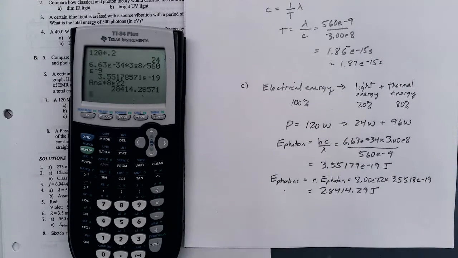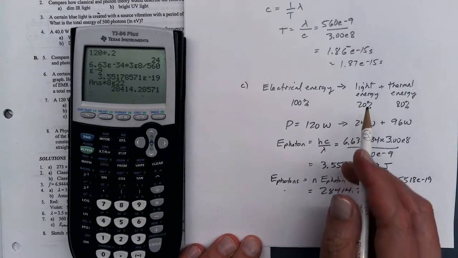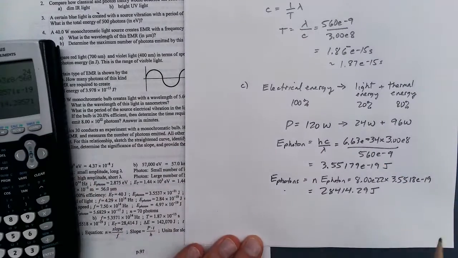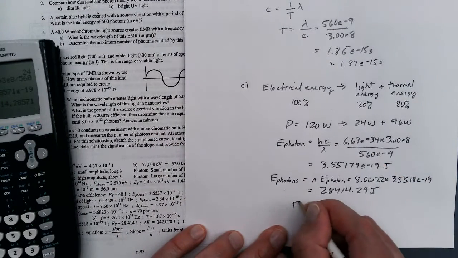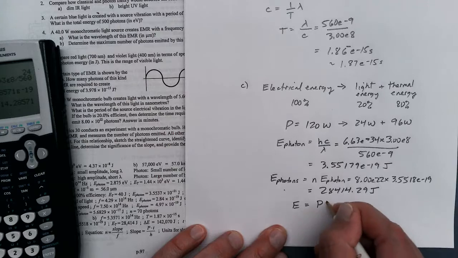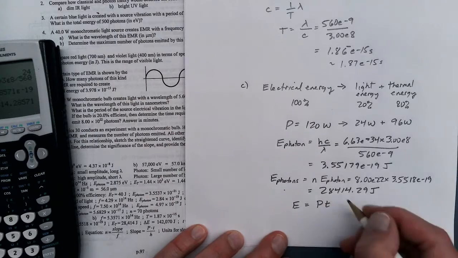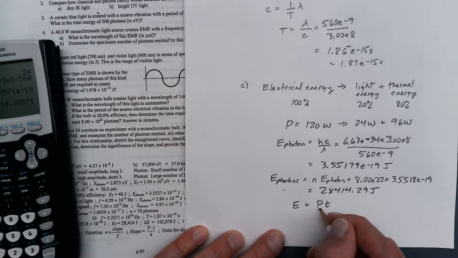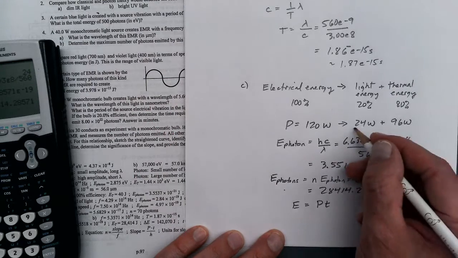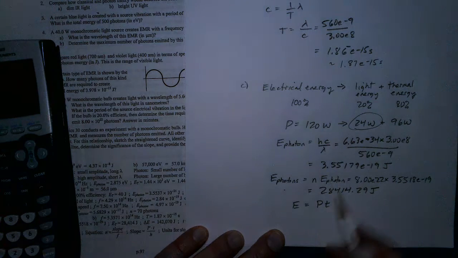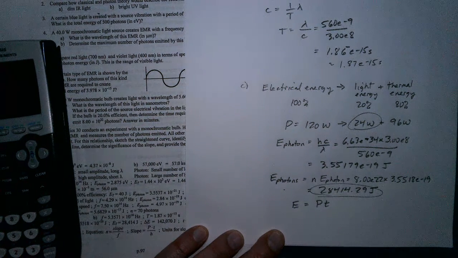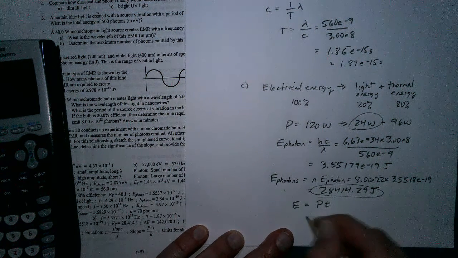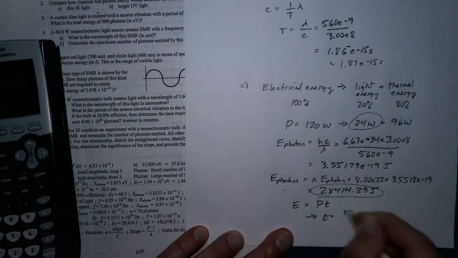All right, I think we're in a position to solve the rest of this question. So we have the total energy of the photons, which corresponds to the light, and we want to know the time required. So if energy is power times time, then the energy of the photons goes here, and the power is the 24 watts. Time is going to be energy over power.